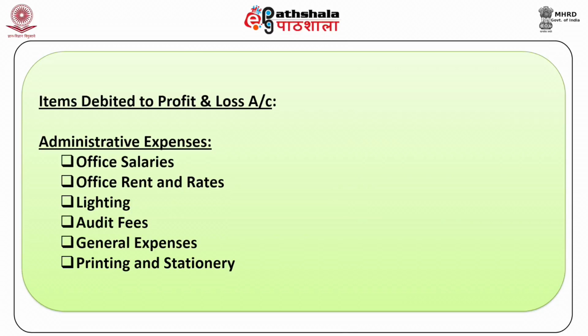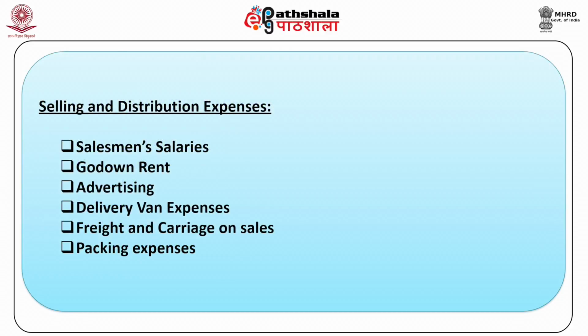Items debited to profit and loss account. 1. Administrative expenses. A. Office salaries. B. Office rent and rates. C. Lighting. D. Audit fees. E. Journal expenses. F. Printing and stationery. 2.